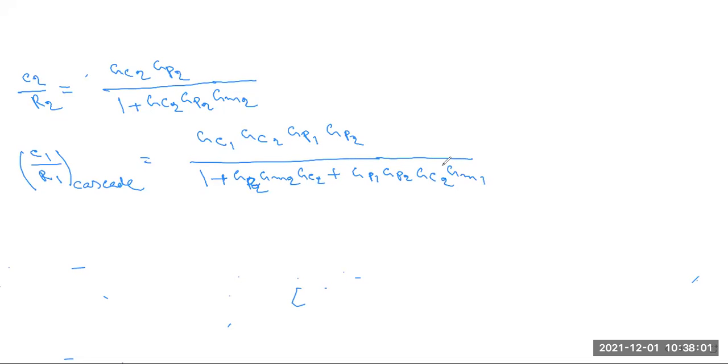So this is the cascade equation of the required problem we discussed last time. When you apply these rules, we can easily calculate the transfer function, which is the relation between the output of the system and the input of the system.